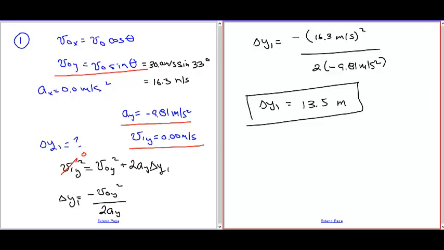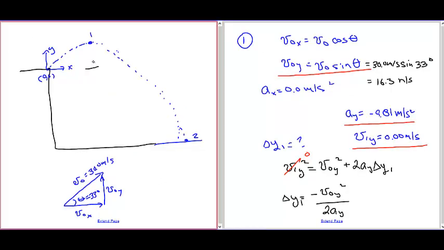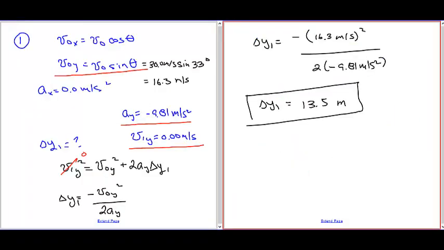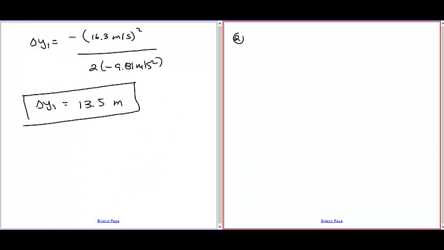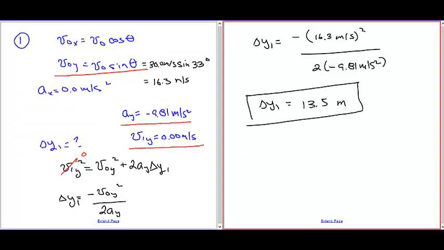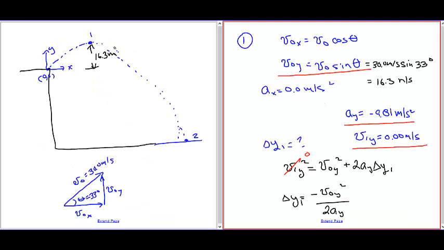The distance here I'm talking about is the distance above the roof, because I defined the roof as 0. So what did I say it was? 16.3. Now, the second part of the problem is we're going all the way to the ground.